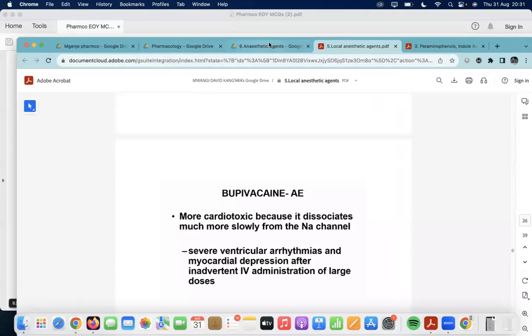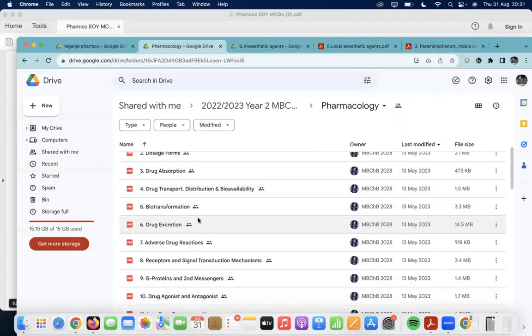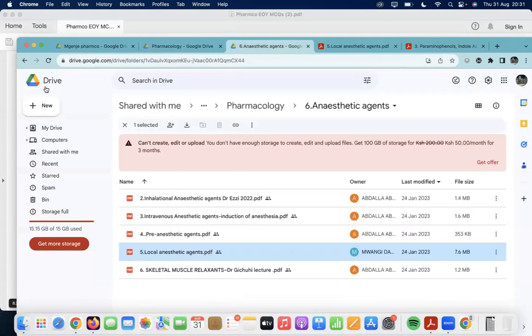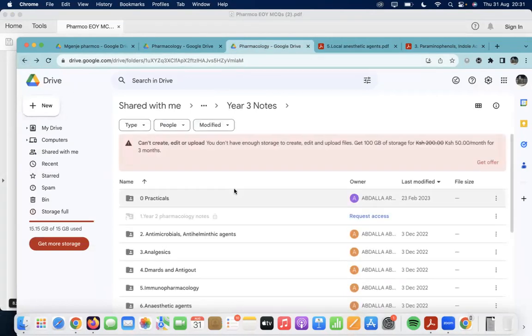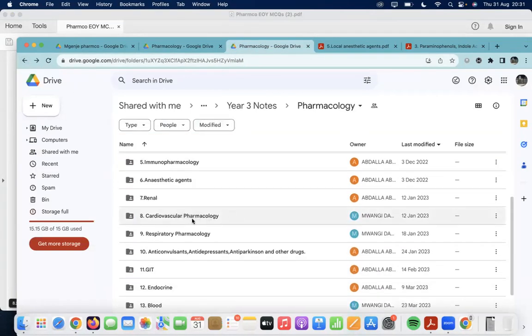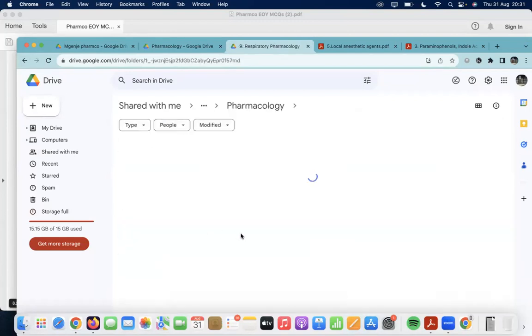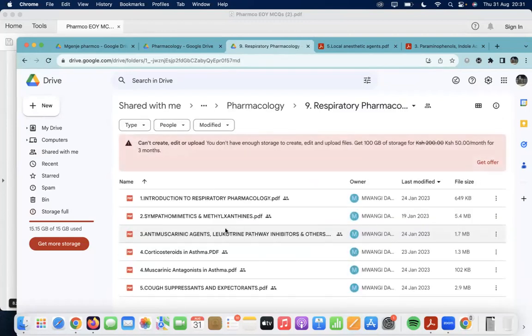So we can go to the notes on leukotriene pathway inhibitors. I think they are drugs used to treat asthma.